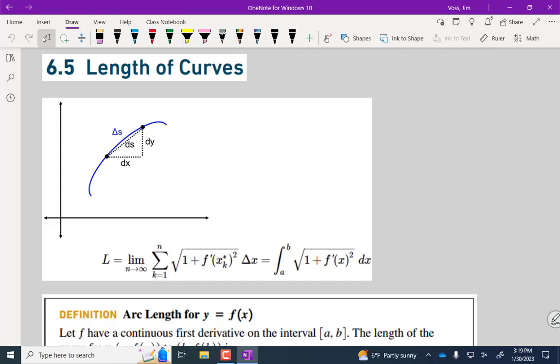So let me draw a picture that will probably bring back chills or something. This is a picture that you saw a lot of times in Calc 1 where you've got a tangent line. I want to draw that a little bit better so that it looks like it's touching in just one place. So you have the tangent line to a curve.